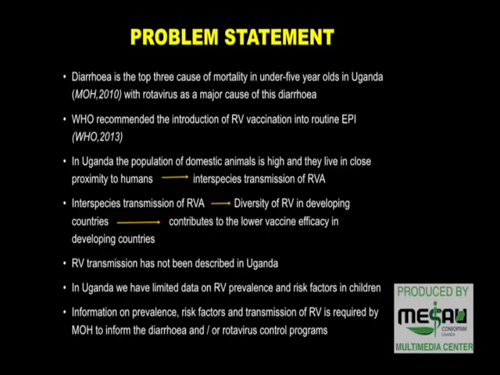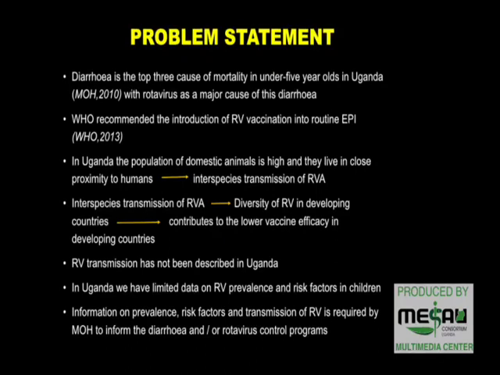Uganda has a high population of domestic animals, and we live closely together with these animals. We think this close proximity can lead to interspecies transmission of rotaviruses. Rotavirus transmission has not yet been described in Uganda.